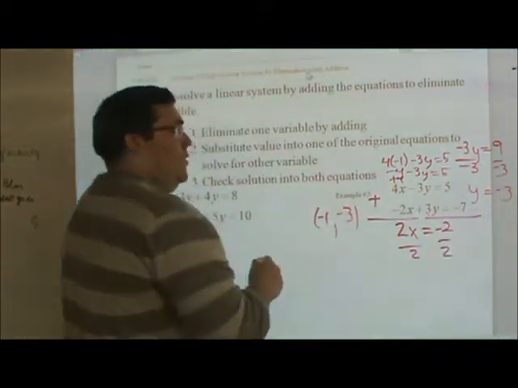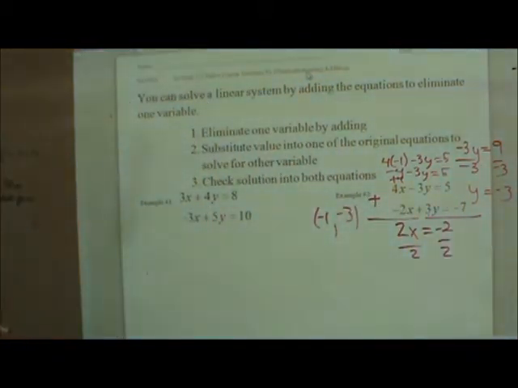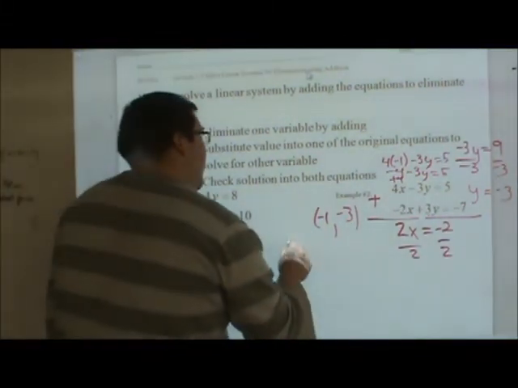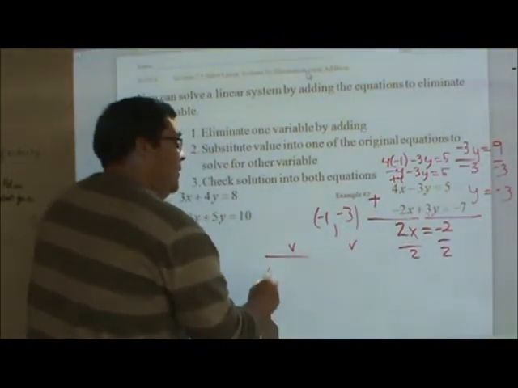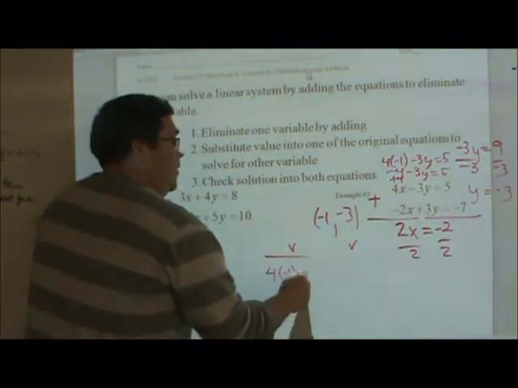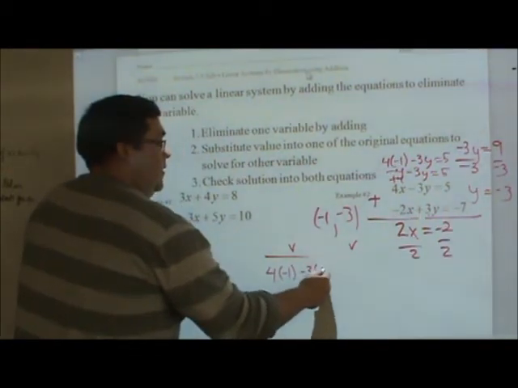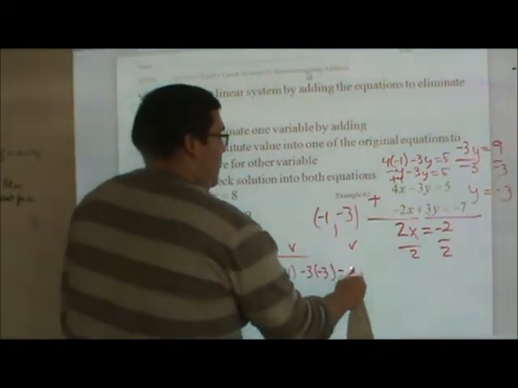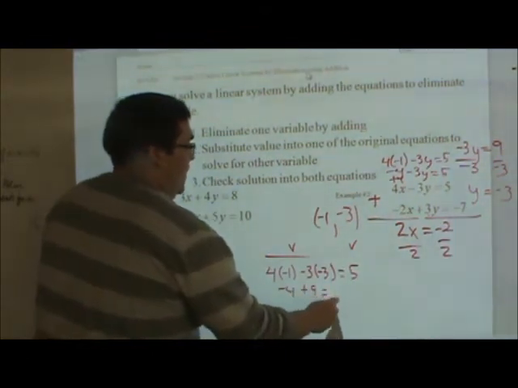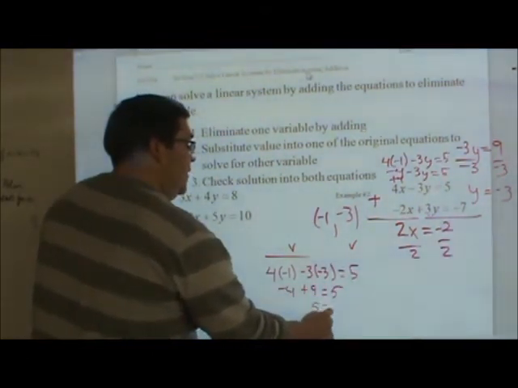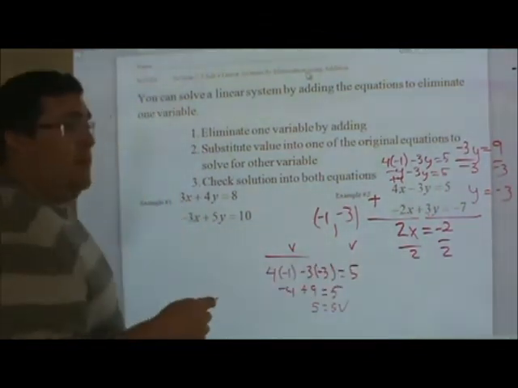Once we have that answer, we need to check it in both equations, make sure that checks out. So we'll do the check right here. We got 4 times -1 minus 3 times -3 equals 5. Well, -4 plus 9 equals 5. Would you look at that? That checks.